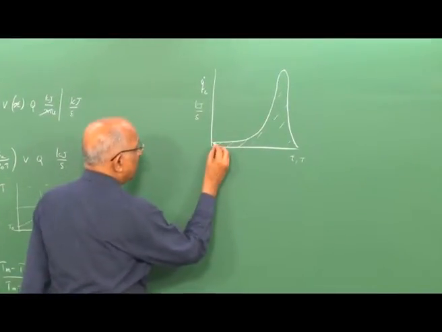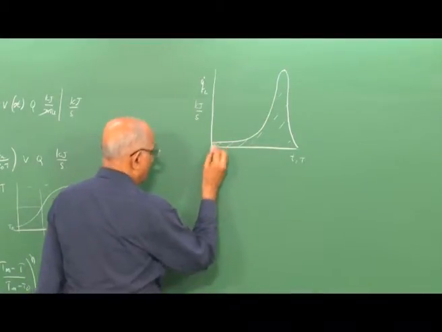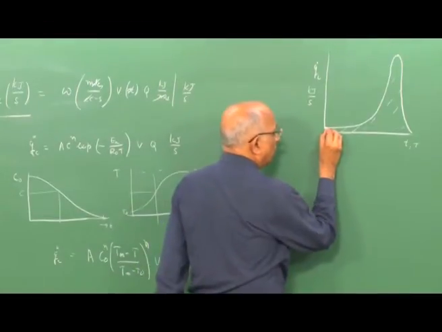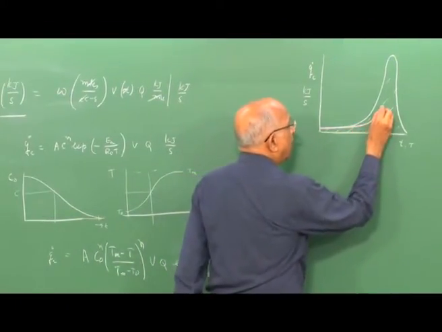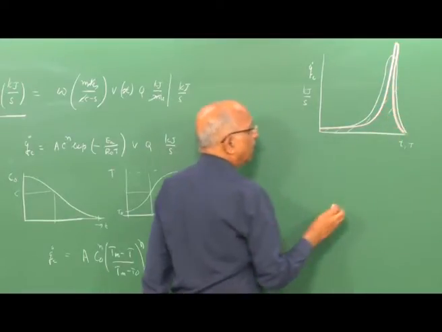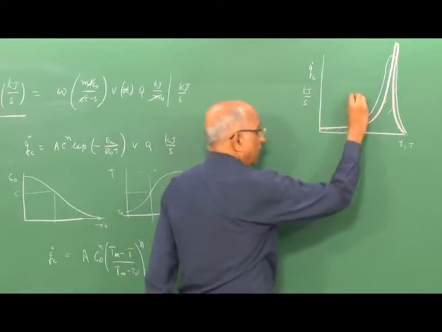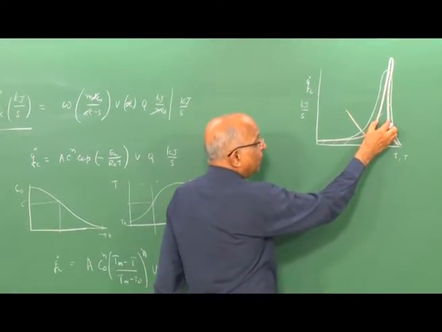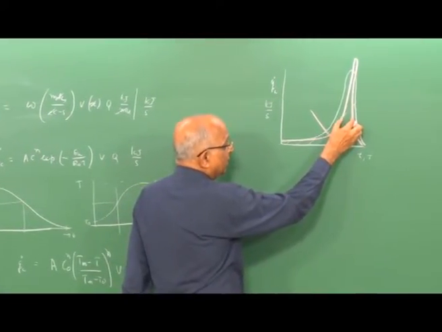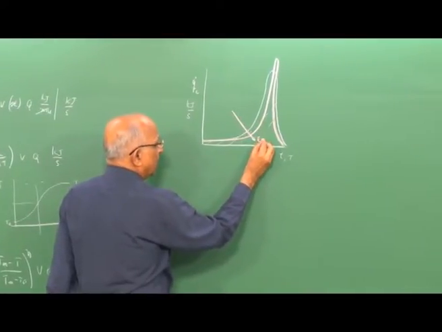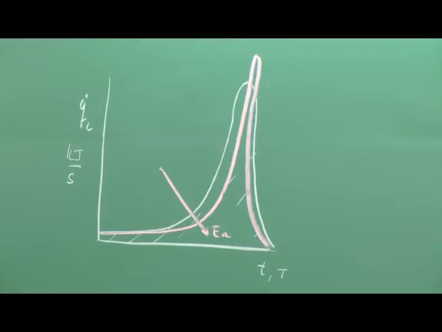If my activation energy increases, then the effect of this particular term is to push it still lower. Maybe it comes down over here and peaks over here, and then comes down over here. In other words, the effect of increasing the activation energy is to decrease the effective time of chemical reaction, that is, the duration of the effective heat release comes down.